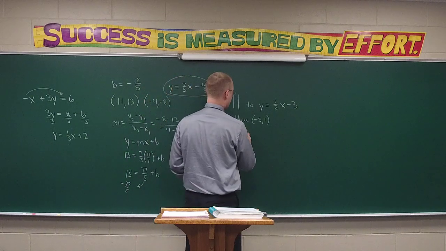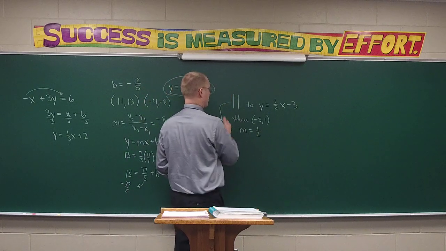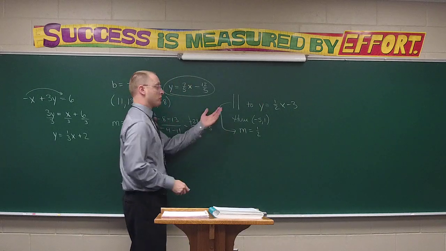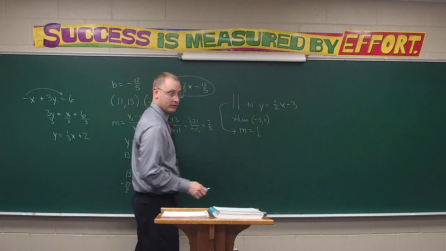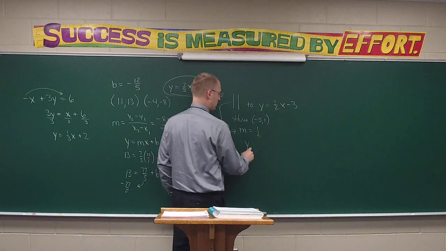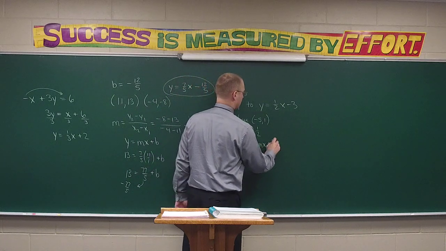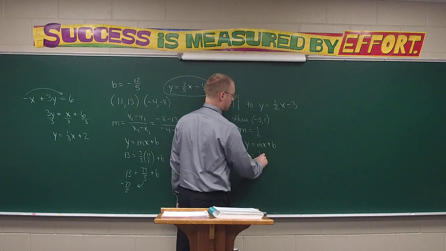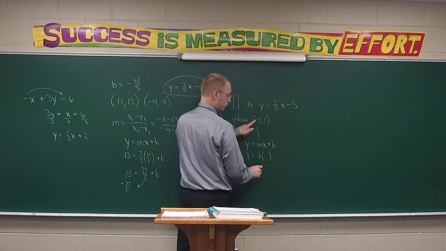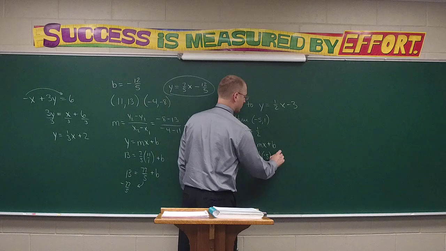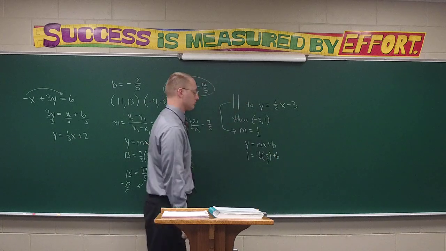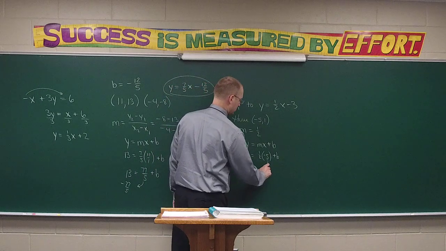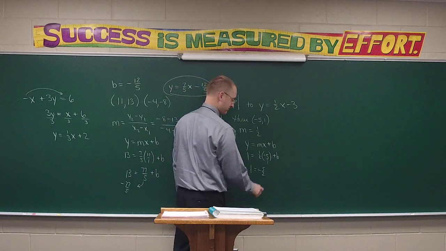There we go. So the slope then is going to be 1/2 because it's parallel to this. This slope's a half. This slope's also going to be a half. And if it goes through the point (negative 5, 1), you do y equals mx plus b. And you do 1 equals 1/2 times negative 5 plus b. You get 1 equals negative 5/2 plus b. All right, good.